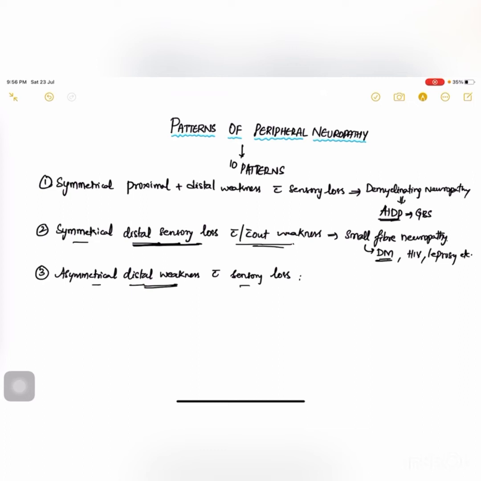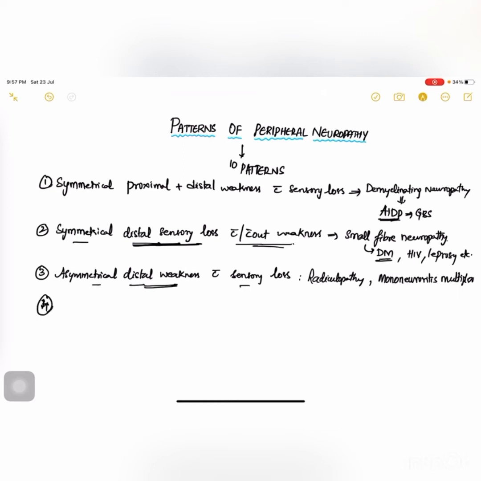This type of pattern is seen in radiculopathy, that is, whenever a spinal root is involved, the distribution of that particular segment of that root is involved. The other example is mononeuritis multiplex, where there is patchy asymmetrical involvement.